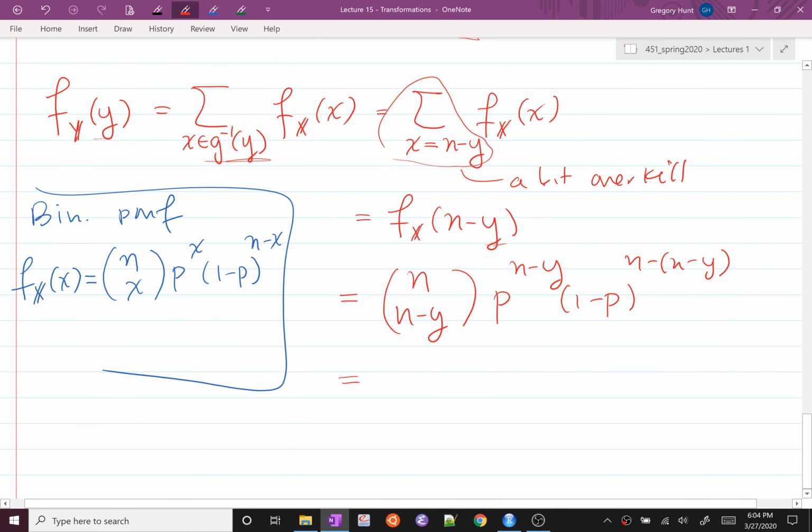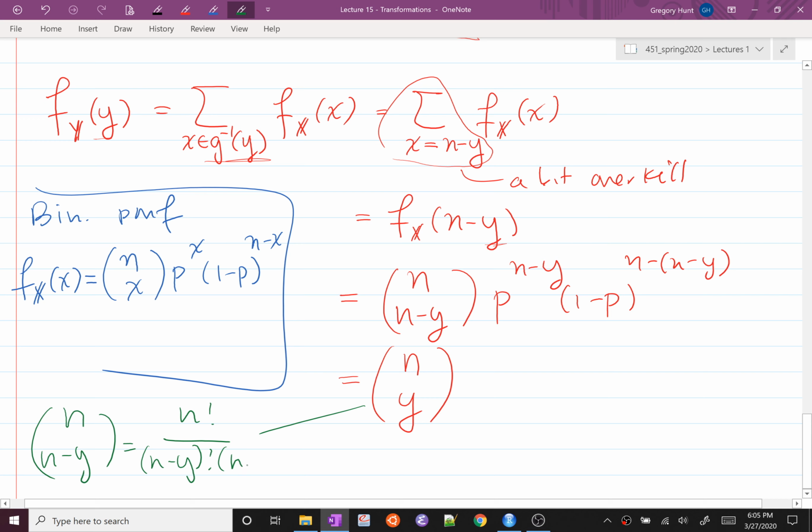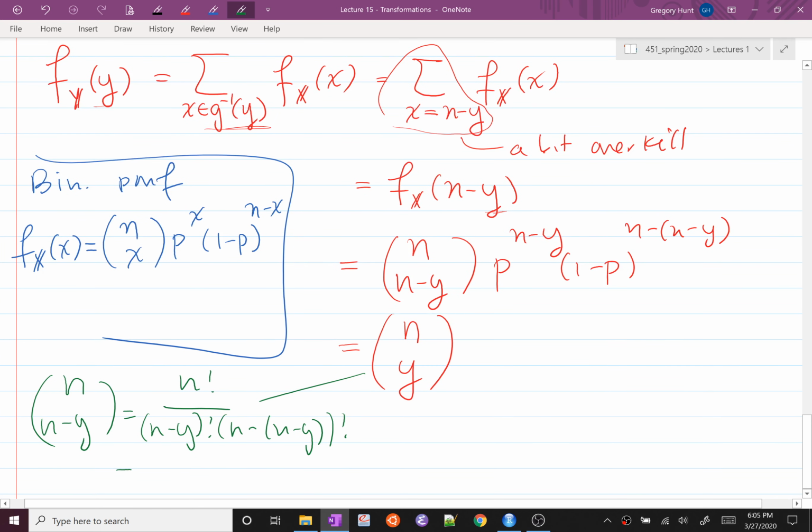And we can do some simplifications here. So n choose n minus y is the same thing as n choose y. And I'll let you think about why that's true. Well, it's not that hard, right? n choose n minus y is n factorial over n minus y factorial times n minus (n minus y) factorial, which is n factorial over n minus y factorial y factorial, which is exactly equal to n choose y.